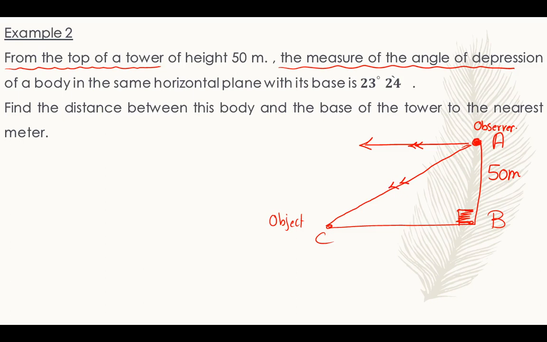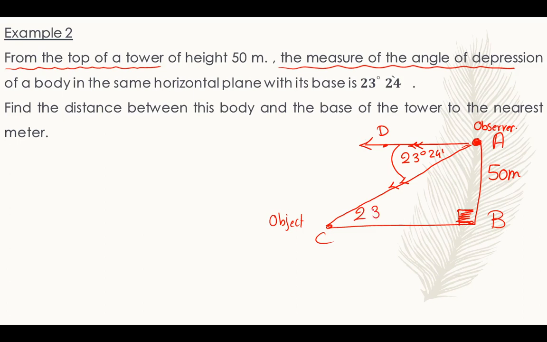From the top of a tower of height 50 meters, the measure of the angle of depression of a body in the same horizontal plane with the base is 23 degrees and 24 minutes. So this is the angle of depression. Here we can put A, B, C, D. Since AD is parallel to BC, the measure of angle CAD equals the measure of angle ACB, alternate angles.